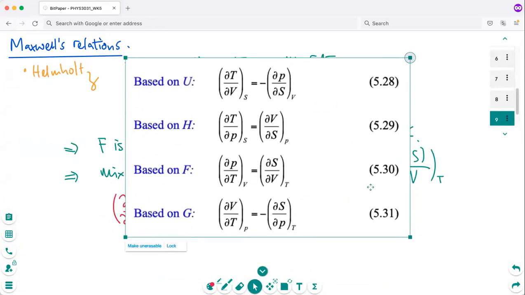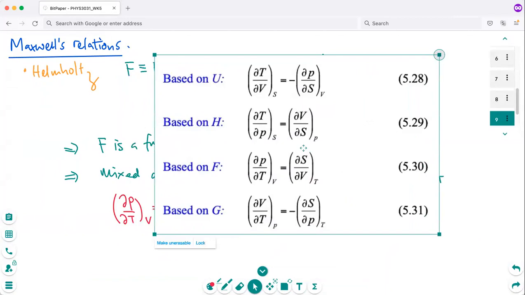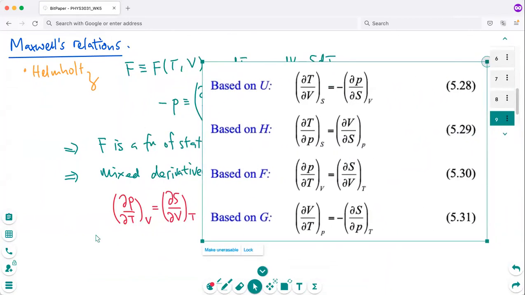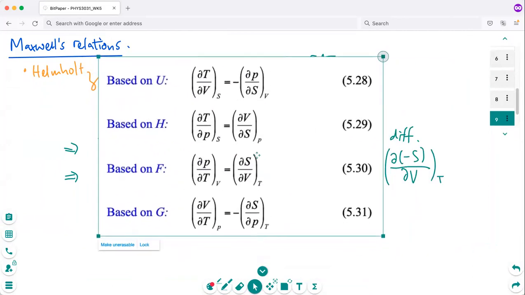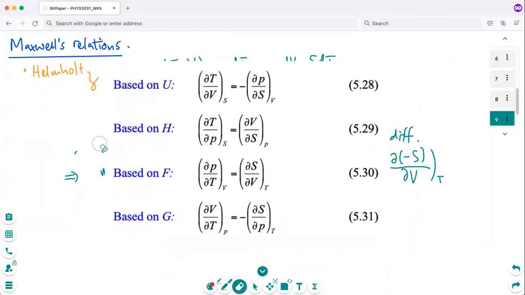Okay, I will tidy this slide later. You get all these Maxwell relations. The one I derived is based on F, right? This one here is this one. Look. And the rest can be obtained in a very similar manner.